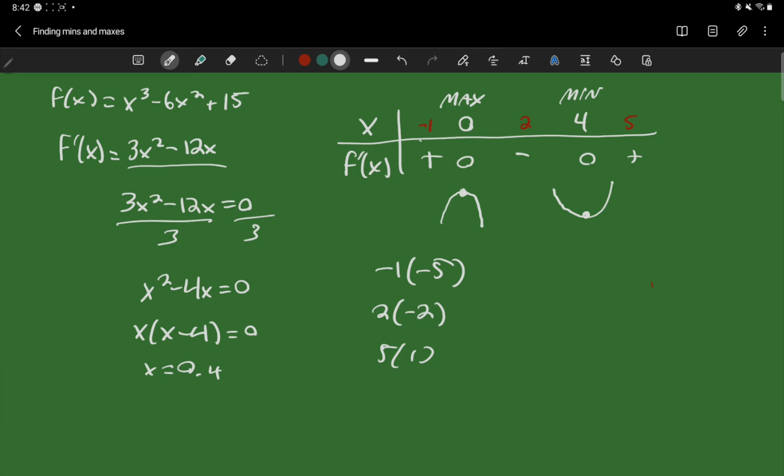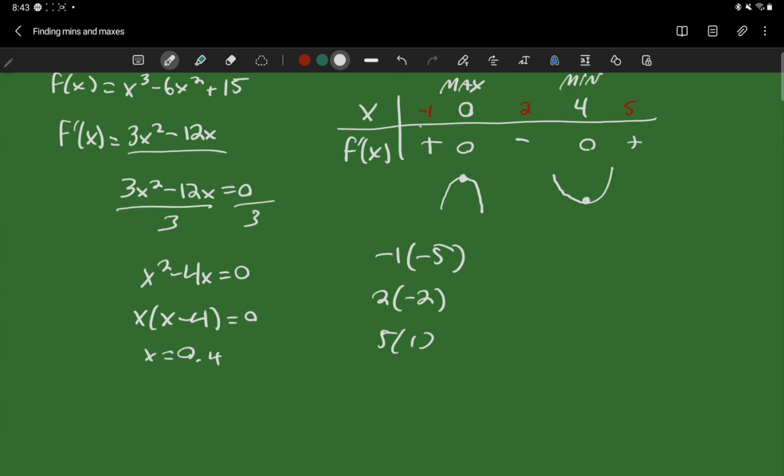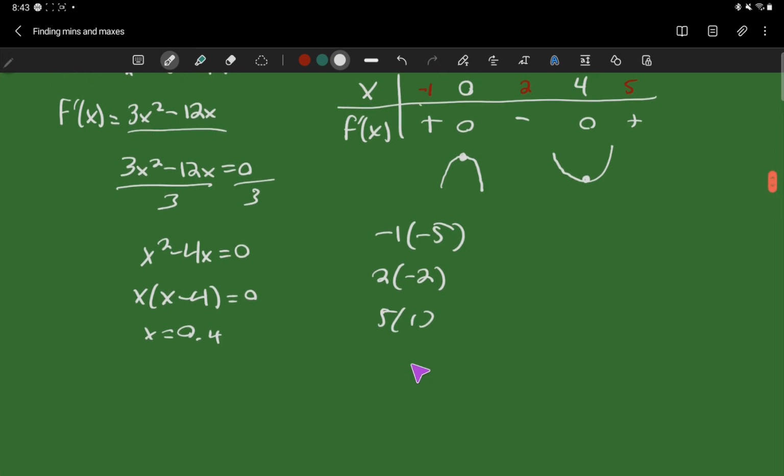So that means we're going to have a minimum at x equal to 4. From there, we know the general shape is going to look something like this, so we can assume these are local extrema, but for now, just say there's going to be a local max at x equal to 0, and a local min at x equal to 4.